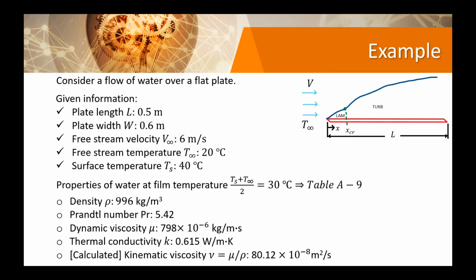That's all it is about convection heat transfer over a flat plate. Nothing too complicated, unless you wish to go with the derivation of the formulas, then it is going to be complicated. Now, if you look at the examples, consider a flow of water over a flat plate.